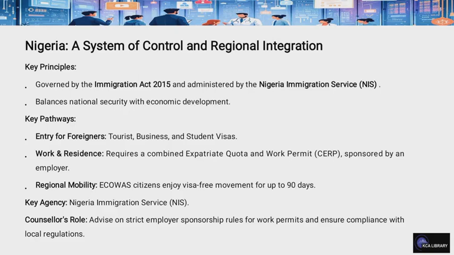Another is work and residence, and the last one is regional mobility. The key agency is the Nigerian Immigration Service. And the role of a counselor is to advise on strict employer sponsorship, the rules for work permits, and also ensure compliance with local regulations.